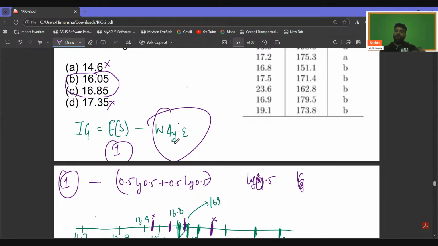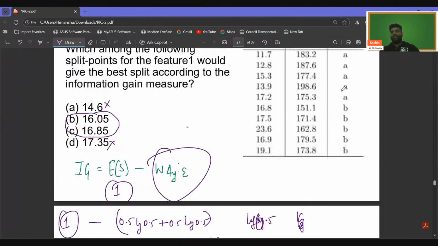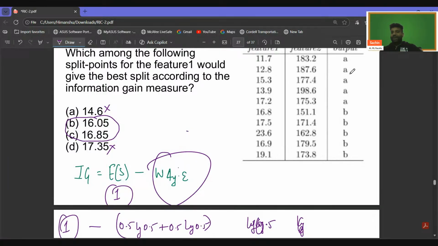Now, I hope you know how to calculate the entropy. We have the formula. We just need to check the number of data points within that particular node, how many data points belong to a particular class. And then for the weighted average, I need to multiply by the overall division as well.